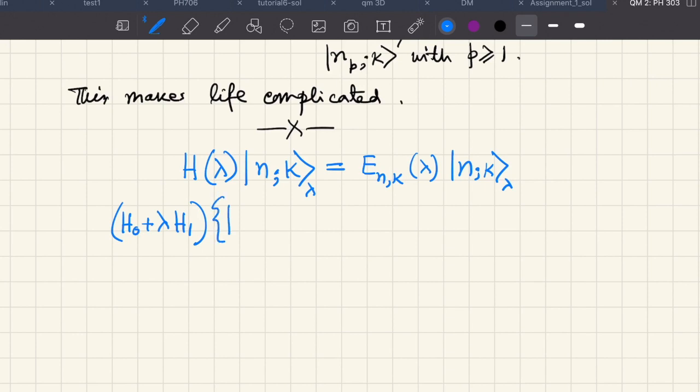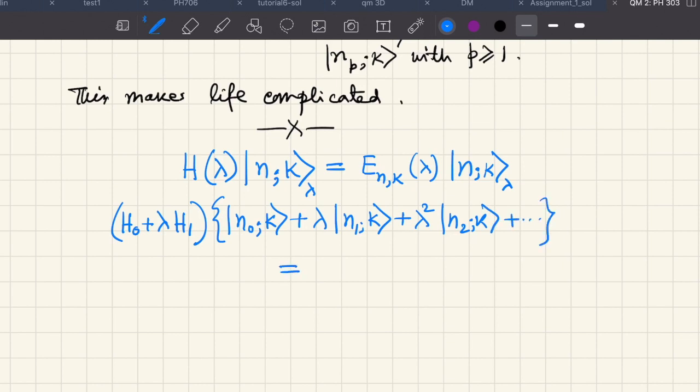This is nothing but n0k plus lambda n1k plus lambda square n2k plus higher order terms.